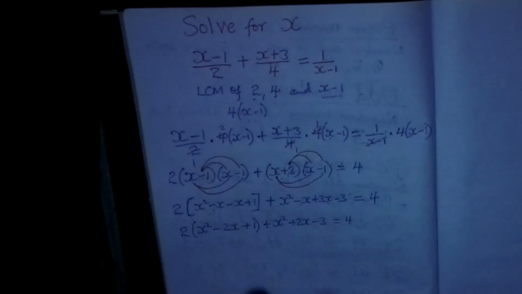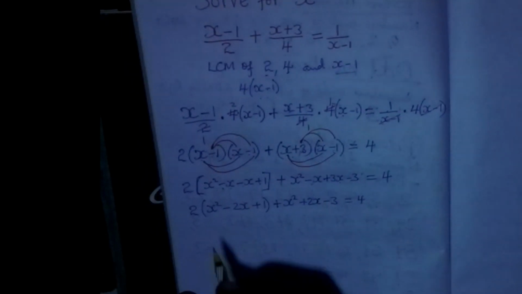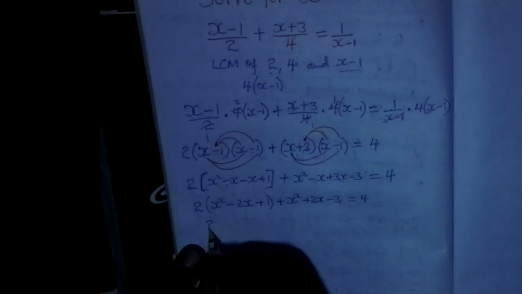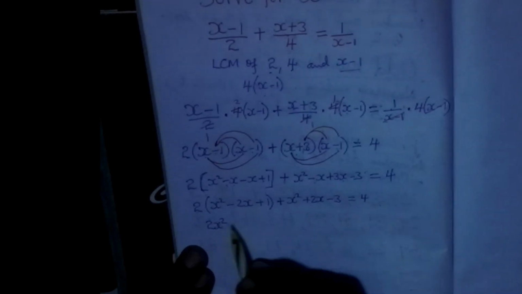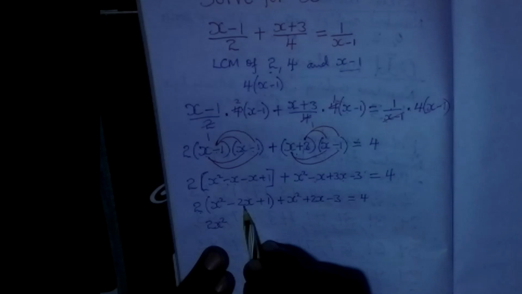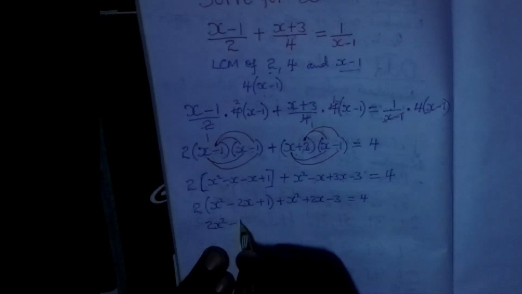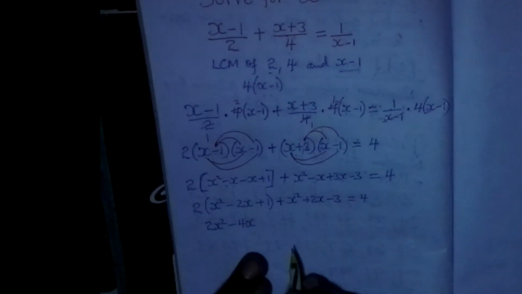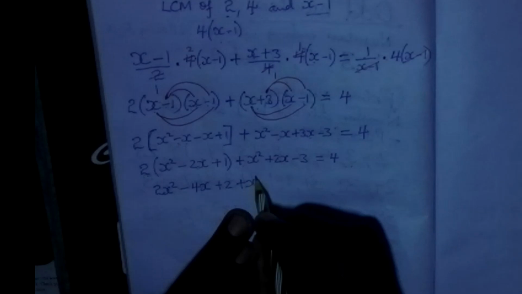So open the bracket here. We shall have 2x squared, then 2 times negative 2x minus 4x, then 2 times 1 plus 2, then plus x squared plus 2x minus 3 equal to 4.